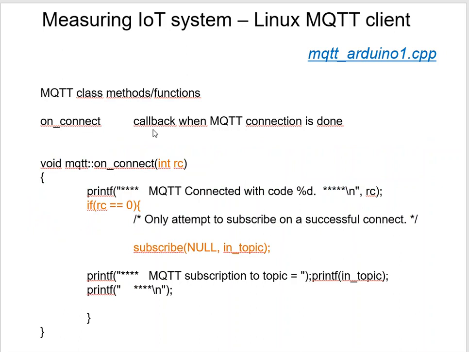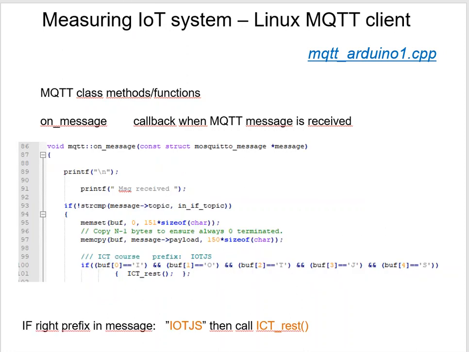And then there are these callback functions. When the connection is okay, this onConnect callback function will be called, and then we inform the user by printing information to the terminal that the connection is done. And when we have connected, then we wait to see if we get any messages.